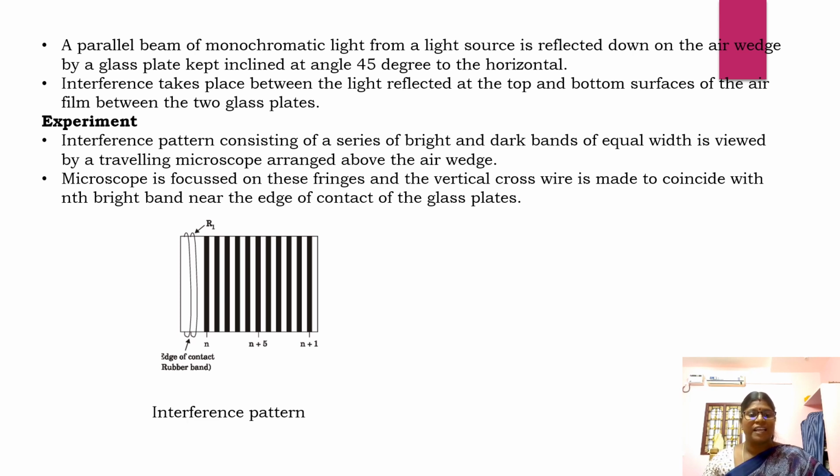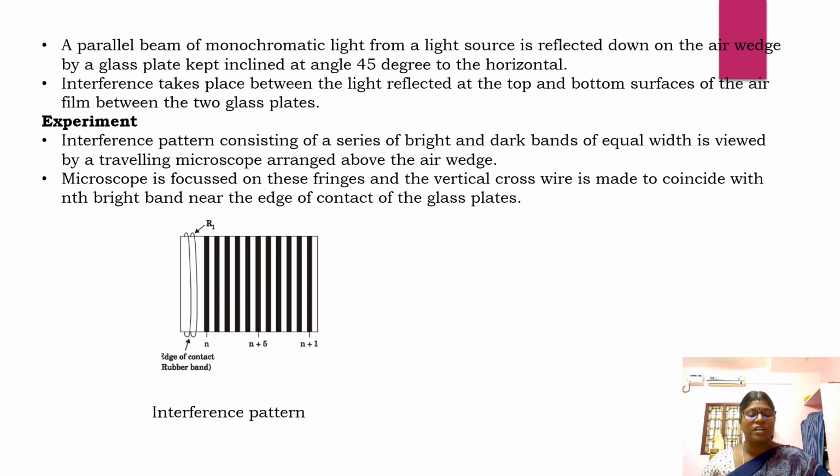Then the crosswire in the microscope is made to coincide with one dark band, so that we can take it as the nth band. The reading is noted from the horizontal scale of the traveling vernier microscope at the nth band position.